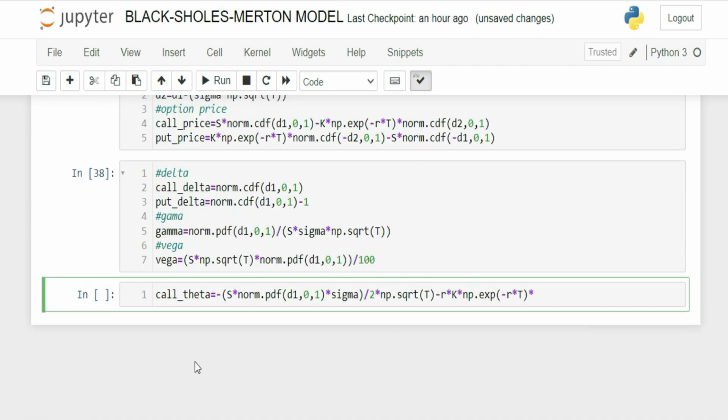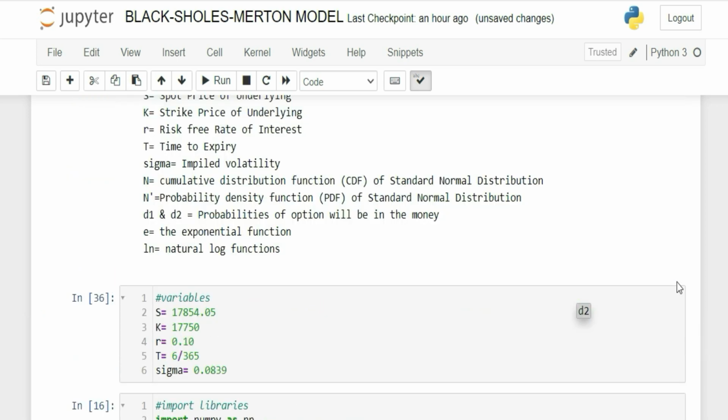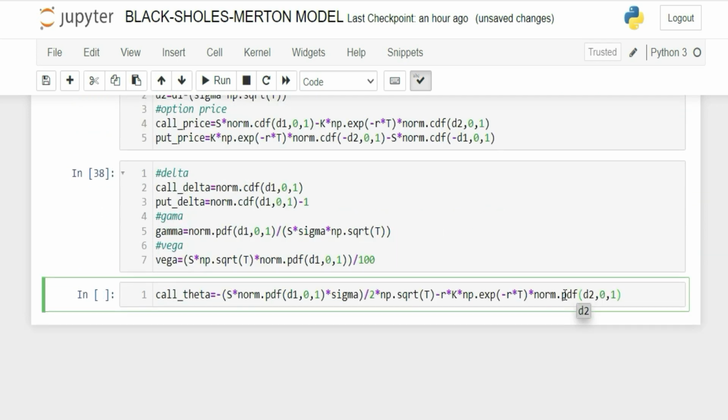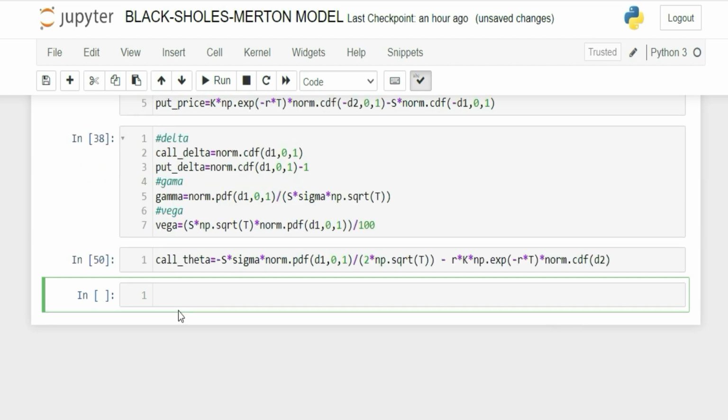So N(d2) is this one, norm.pdf of d2, but is it PDF or CDF? We have to check it. So it's CDF. Call theta is always divided by 365.